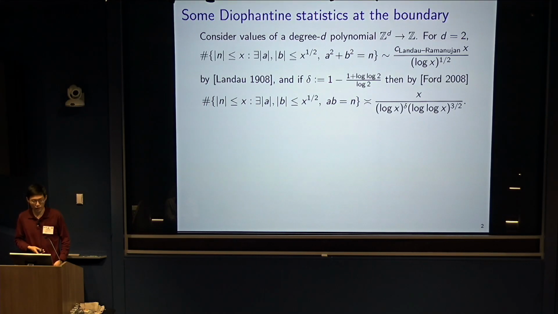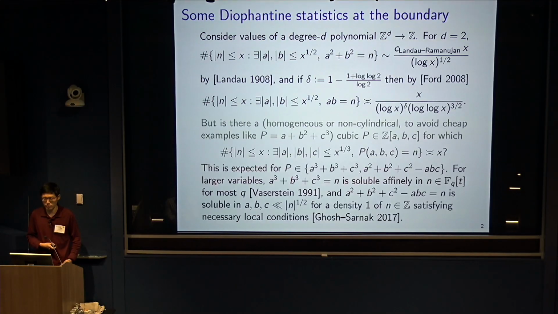Okay, so what happens if we go from d equals 2 to d equals 3? Then it seems to be much harder, since most of the time there's no longer any multiplicative structure to rely on. But we can still ask these questions. Let's say we have a homogeneous or cubic polynomial p. I want to exclude what Hardy and Littlewood called diminishing ranges polynomials, where you can cheaply do this problem.